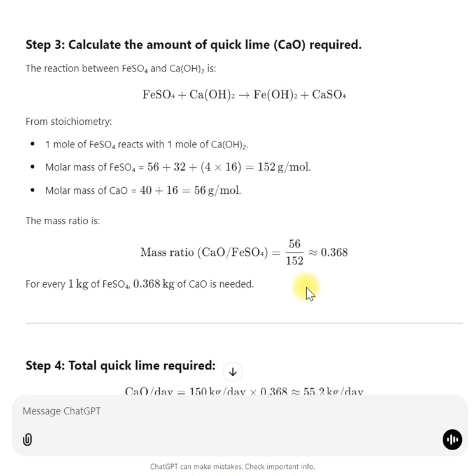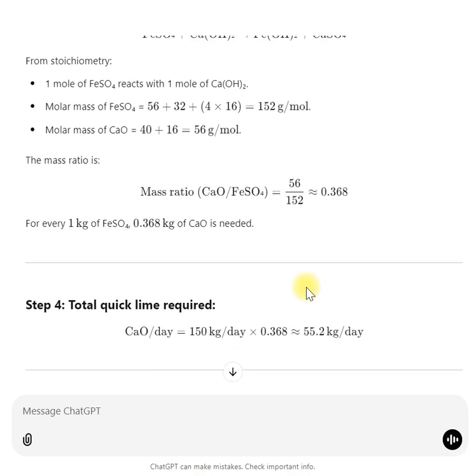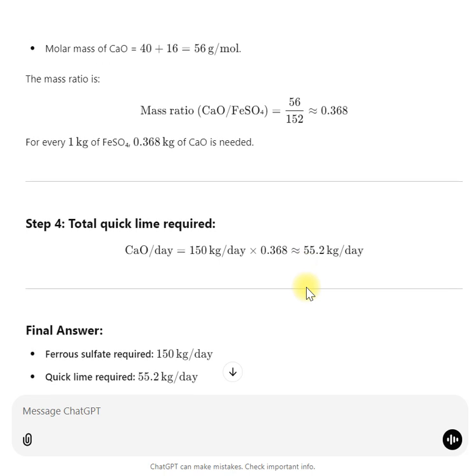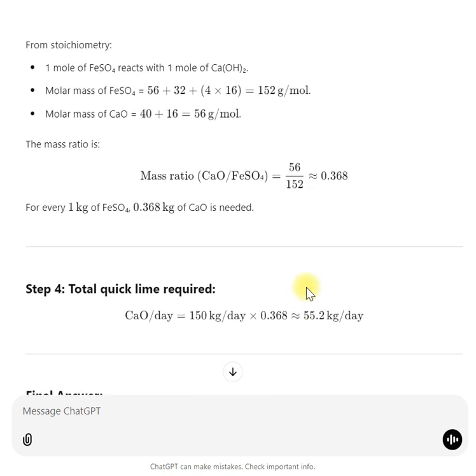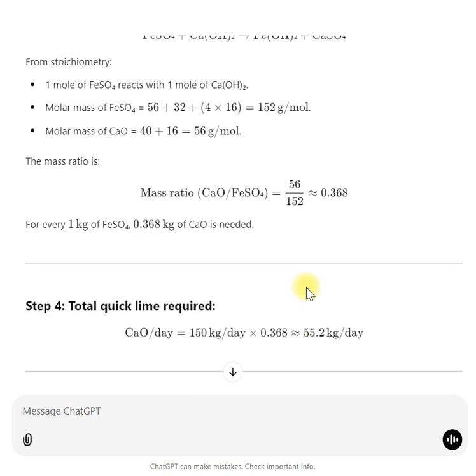The reaction between FeSO4 and Ca(OH)2 is FeSO4 plus Ca(OH)2 right arrow Fe(OH)2 plus CaSO4. From stoichiometry, 1 mole of FeSO4 reacts with 1 mole of Ca(OH)2. Molar mass of FeSO4 equals 56 plus 32 plus 4 times 16 equals 152 g per mole. Molar mass of CaO equals 40 plus 16 equals 56 g per mole.